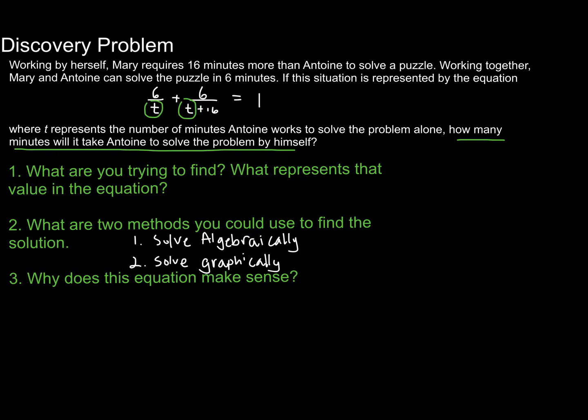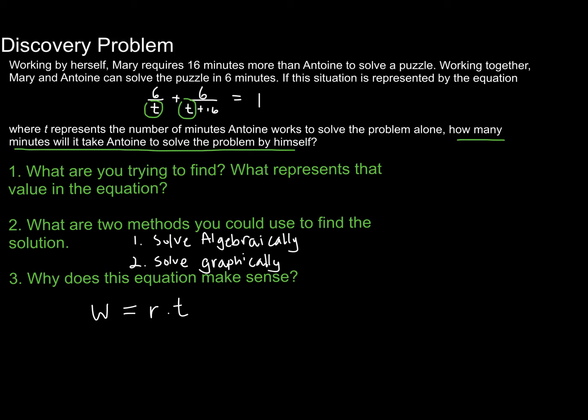I'm not going to tell you right out in front because I want you to think about it for a little bit. But I'm going to give you a helpful hint. In life, we have something that's called work, the amount of work that you get done. How can you measure the amount of work that you get done? We'll represent work with W. The amount of work you get done is equal to how much you get done per minute or per hour or per second, which is called your rate, times the time that you work for.